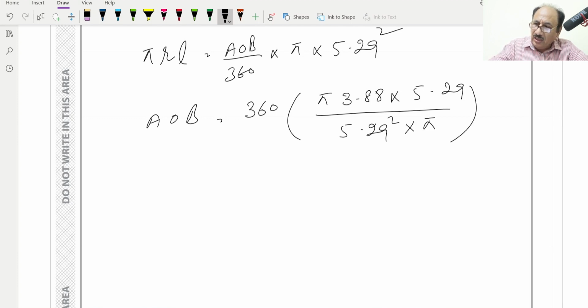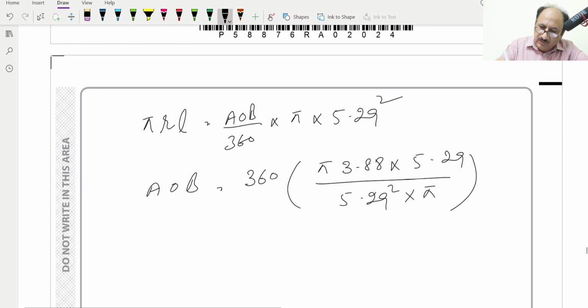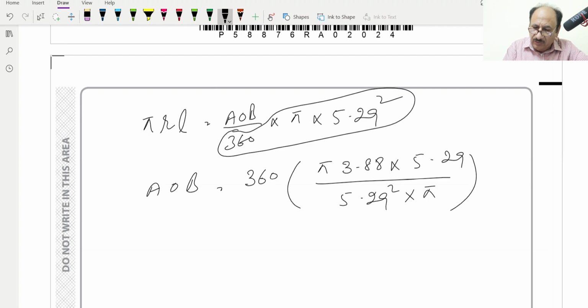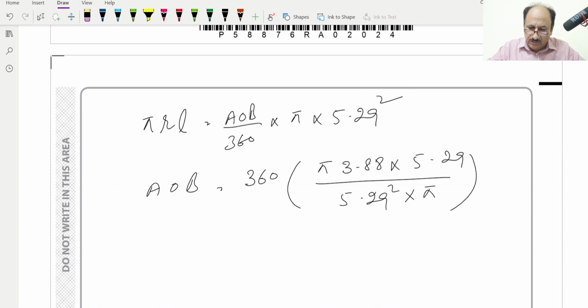So what I have done is I have shifted everything to the other side of equality, and we got pi, and this is the r value which is 3.88, and this is the L value which is 5.29. Hopefully you got this. Now I'm removing these extra circles so that your working is proper, and I'll remove this indication also.